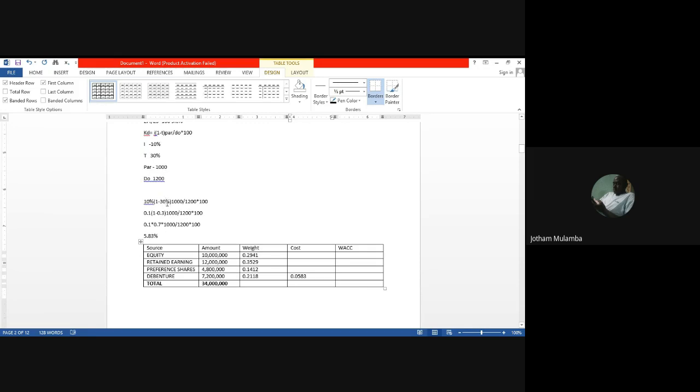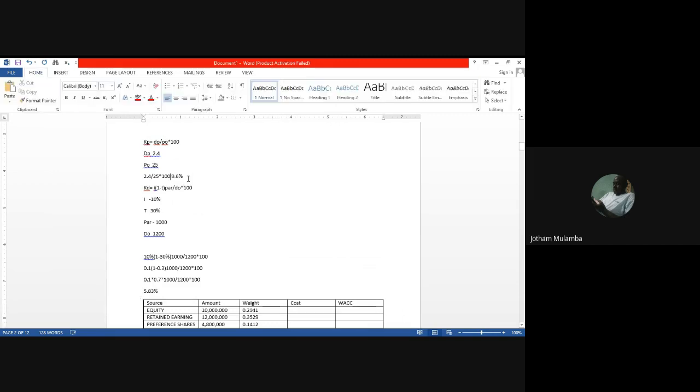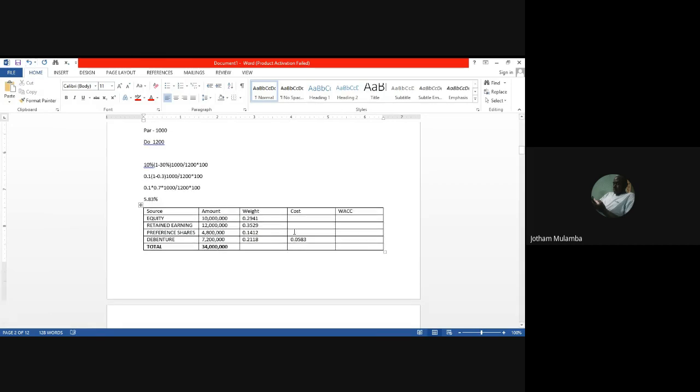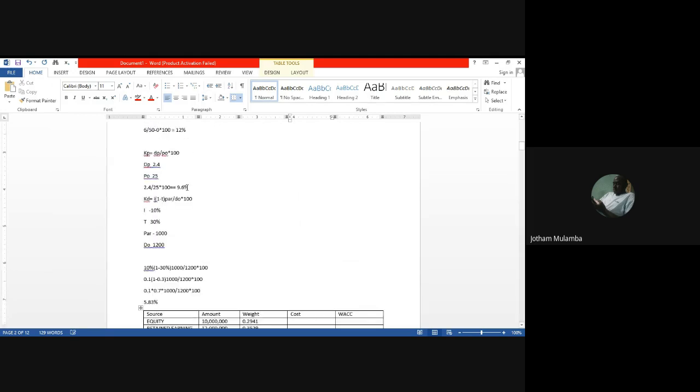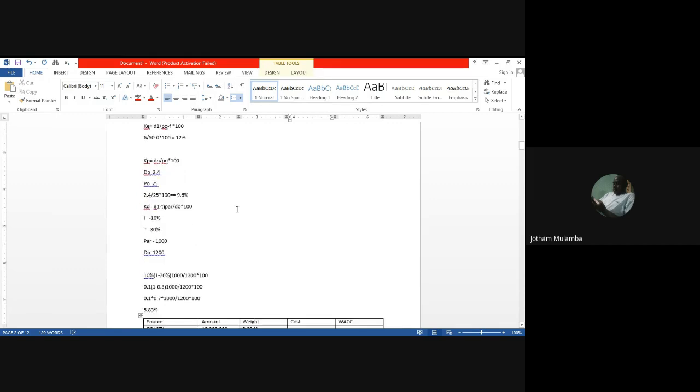Then for preference shares, what was the cost of preference shares? 9.6. So 9.6 is equivalent to 0.096. Then retained earnings, we had gotten 12%.